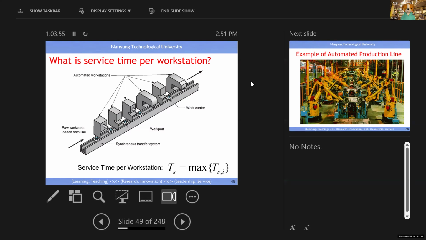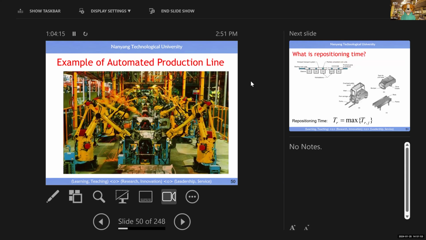Among all these machines may do the same thing, but they are the product of different companies, right? So their performance can be different, right? So always use the worst case scenario to treat as the service time of the workstation, right?